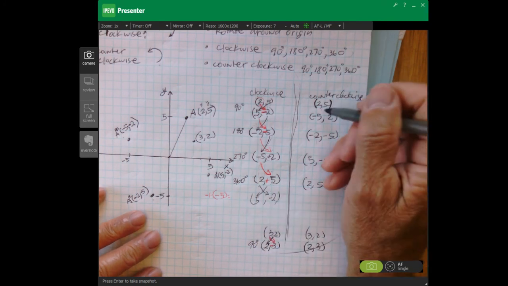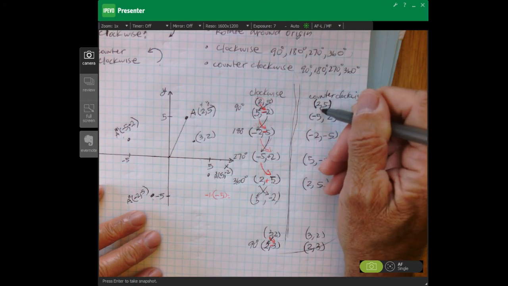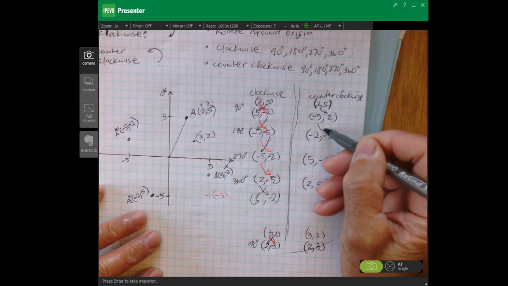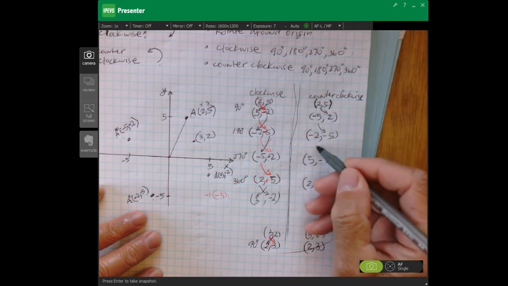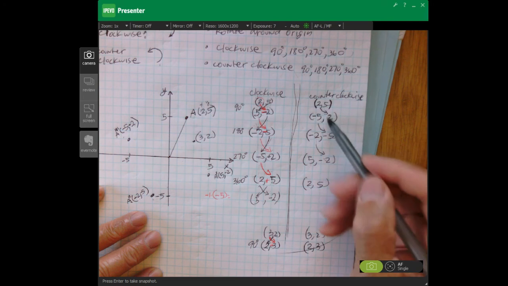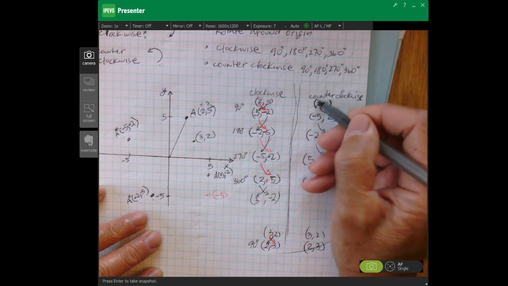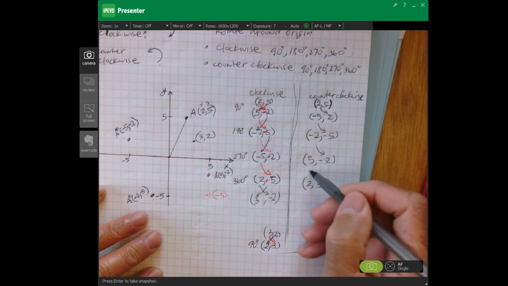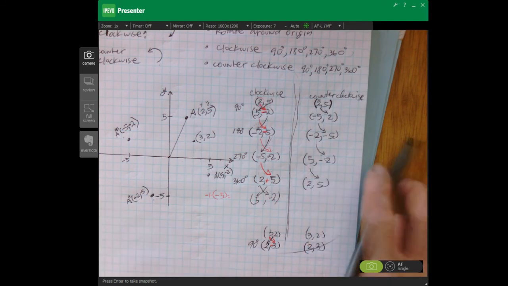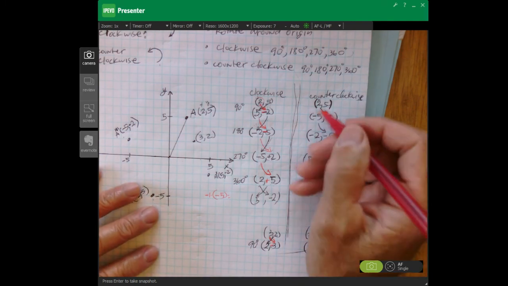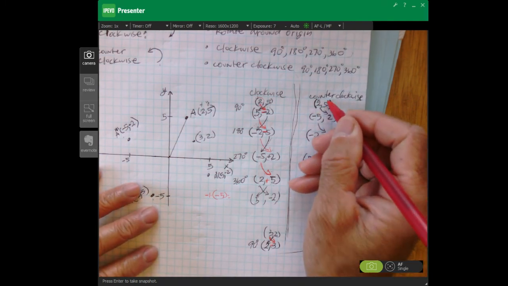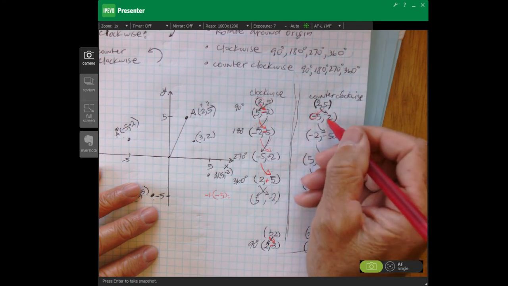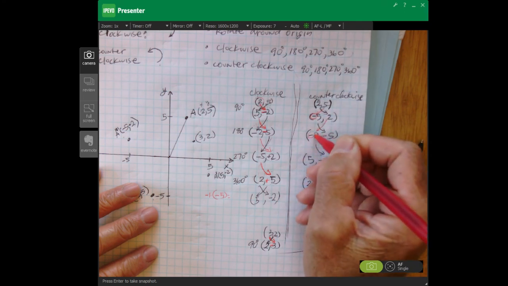Now on this side, if we look at the x's, 2, 2, negative 5, negative 5. Notice this time, your x value is going to move over to the y column, but it's not going to change. What about the y's? 5, it changed, didn't it? 2, it changed.